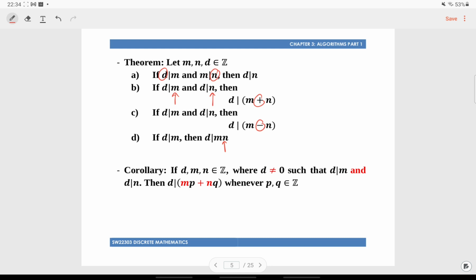So d divides the addition of the multiples of m and n, so d divides mp plus nq, where both p and q can be any integer. This one is the multiple of m, and this one is the multiple of n. When we add these two values together, the sum is still divisible by the integer d.